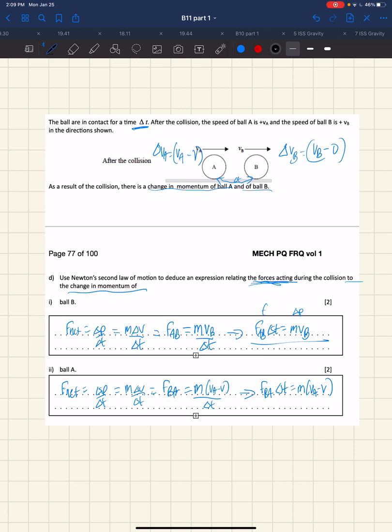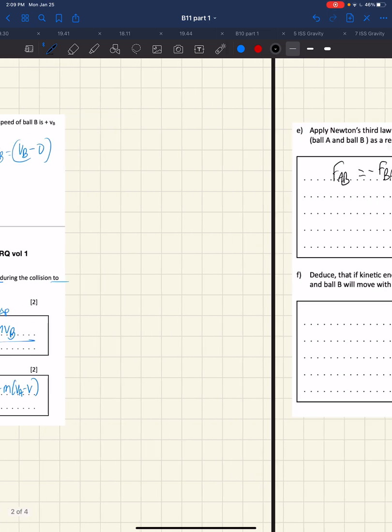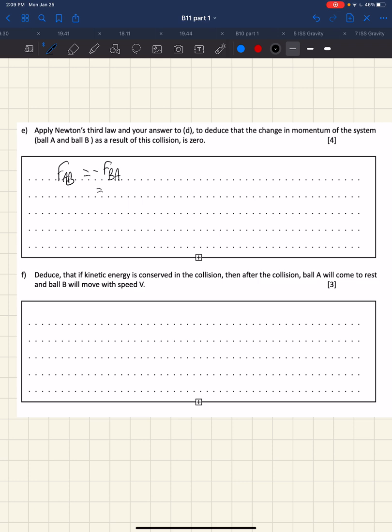F_BA is m(v_A minus v) over delta t, and F_AB was m v_B over delta t, and that's a negative there.